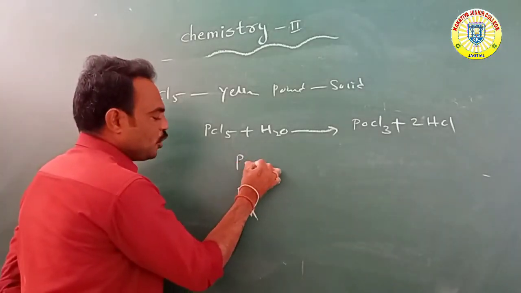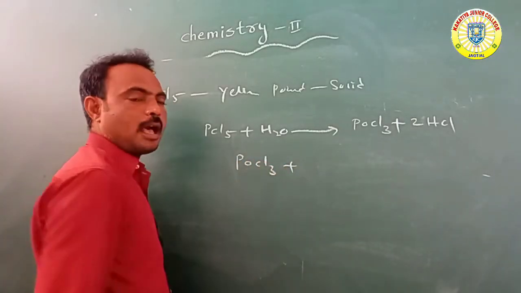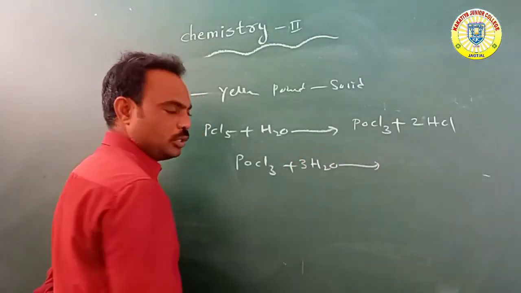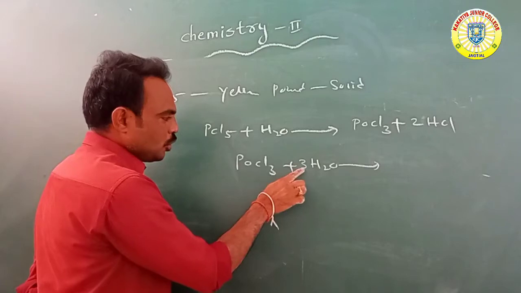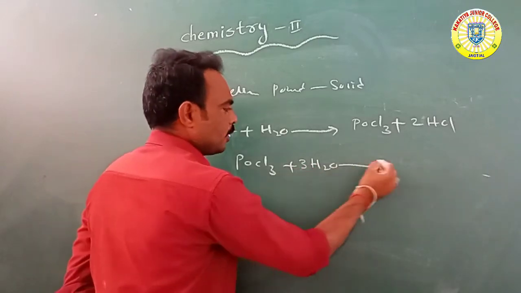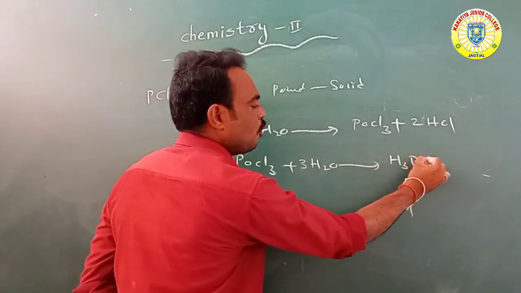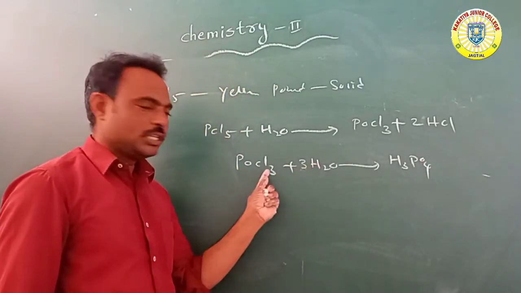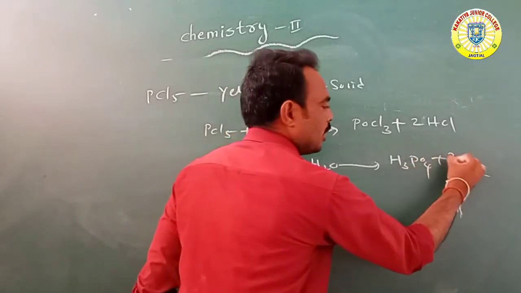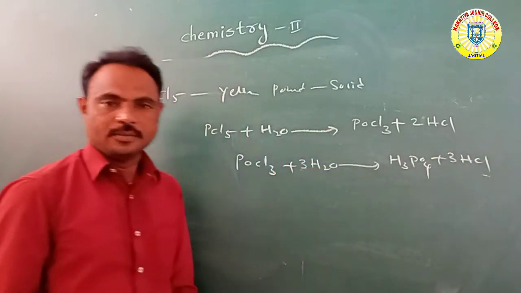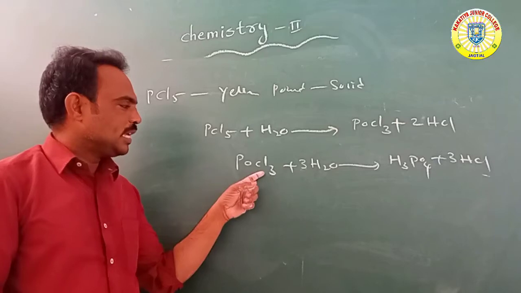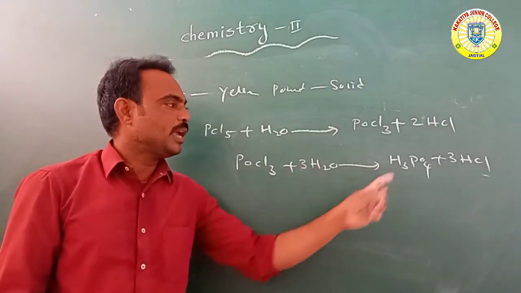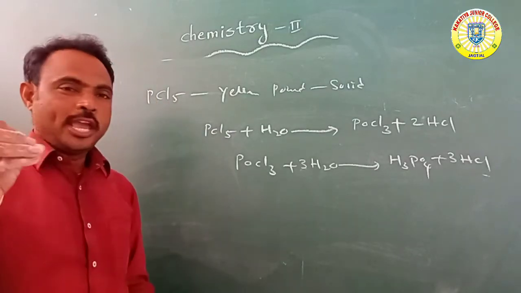This POCl3 reacts with water molecules to form H3PO4, and the remaining chlorine forms HCl, hydrochloric acid.